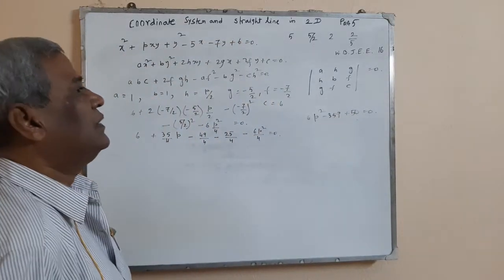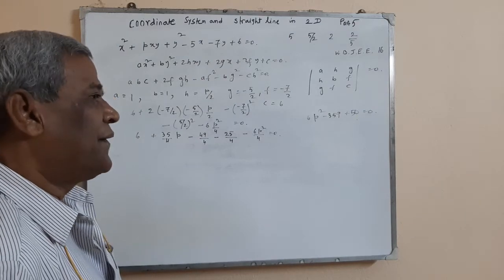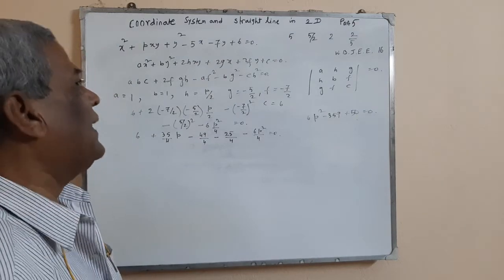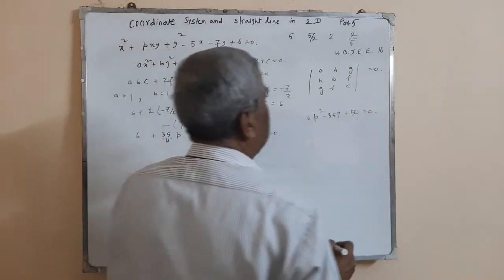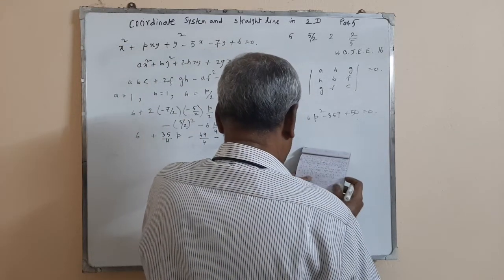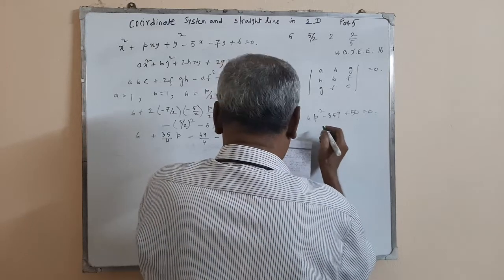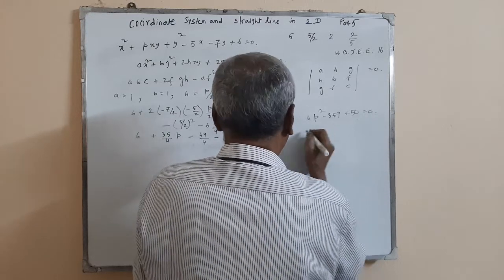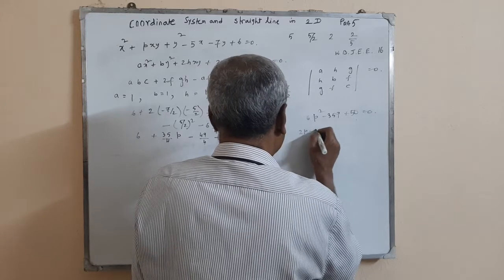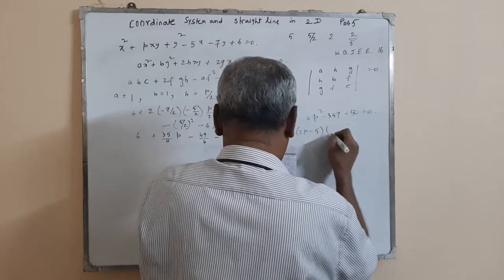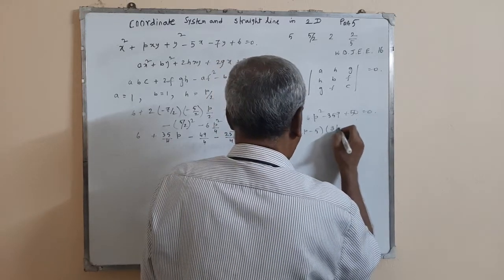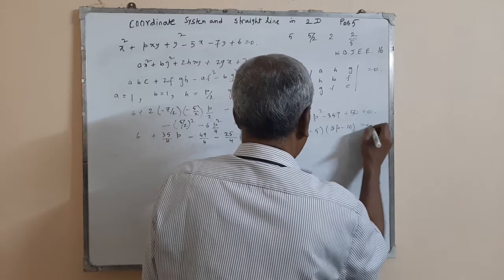So by factorizing it, we can obtain the value of P. Factorizing it, we get 2P minus 5 into 3P minus 10 is equal to 0.